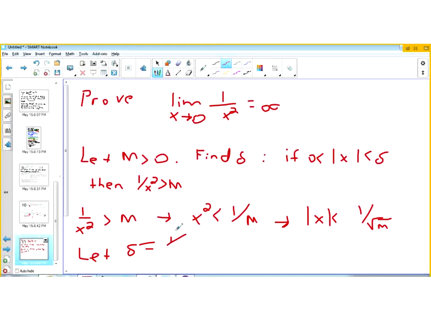And so there's my choice for delta. So let delta equal 1 over the square root of m. So for any m greater than 0, we can find a delta, which is just 1 over the square root of m. Okay, so that's the proof that the limit as x approaches 0 of 1 over x squared is equal to infinity.